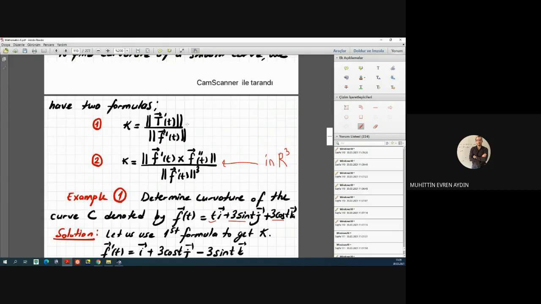And this other formula holds only if the curve has constant speed. So you can keep the second formula in your mind, and you may always use it, of course, if you are in R3.